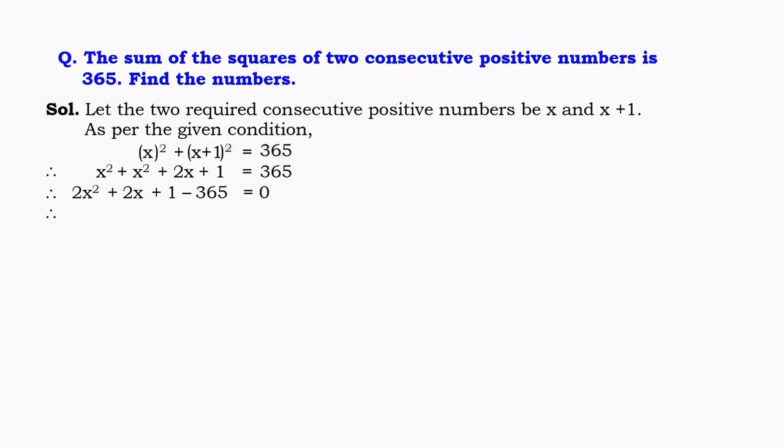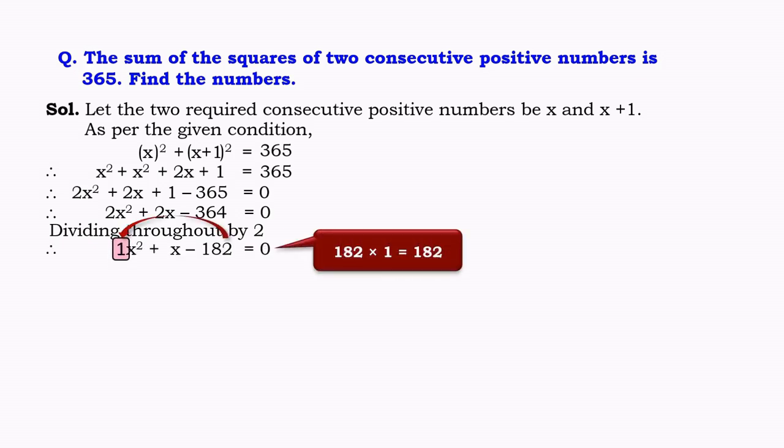Combining like terms gives 2x squared plus 2x plus 1 equals 365. Bringing all the terms to one side, we obtain 2x squared plus 2x minus 364 equals 0. Dividing the entire equation by 2, we get x squared plus x minus 182 equals 0.